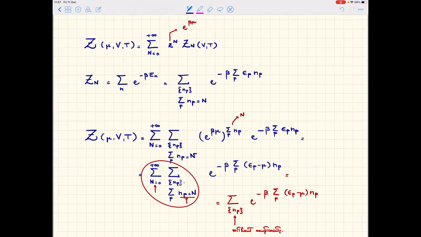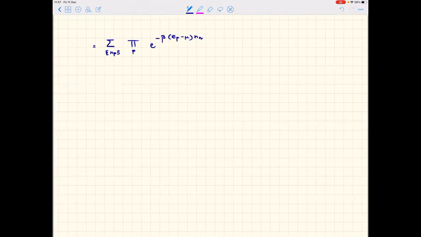Here I simply wrote this exponential of a sum as a product of exponentials. And this I can write as the product over p of the sum over n_p of e to the minus beta (epsilon_p minus mu) n_p. Okay?